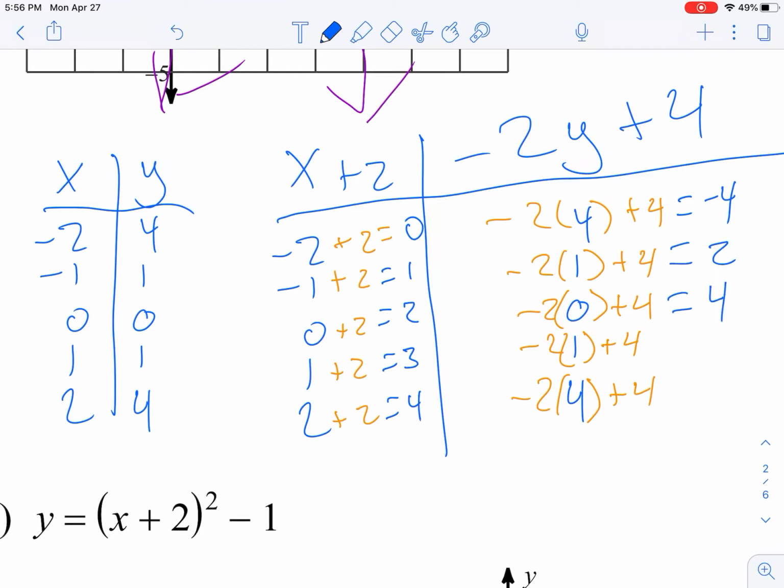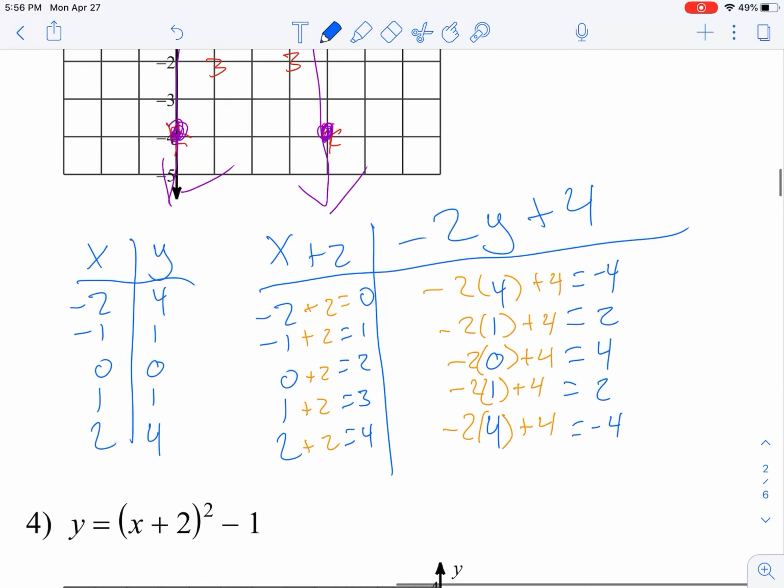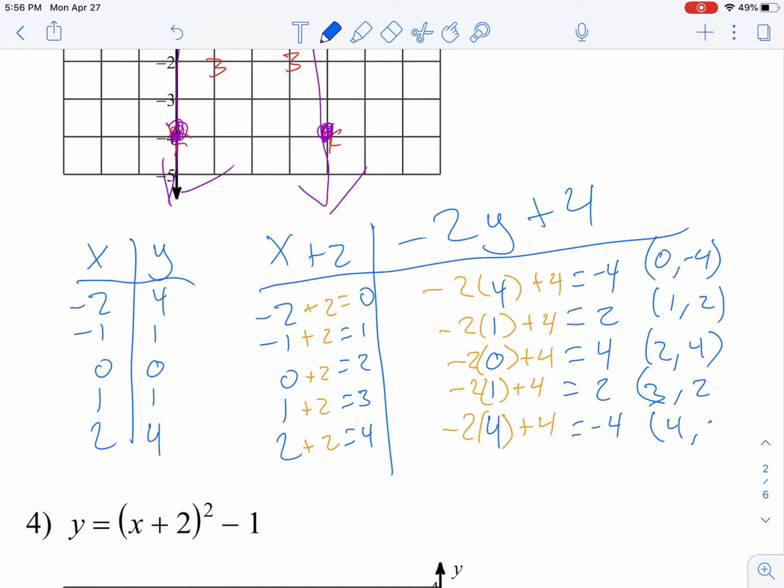This is 4. This gives us 2. And this gives us negative 4. And then we just do our points. 0, negative 4. 1, 2. 2, 4. 3, 2. 4, negative 4.